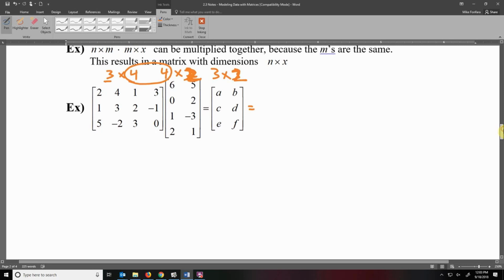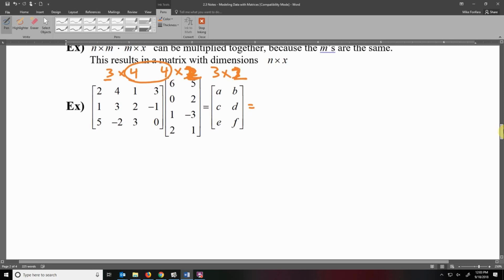Okay, so here's how we do this. We are going to multiply this first row by this first column, one element at a time, and we're going to start with the first elements, 2 times 6. Then we're going to move over and down, 4 times 0.